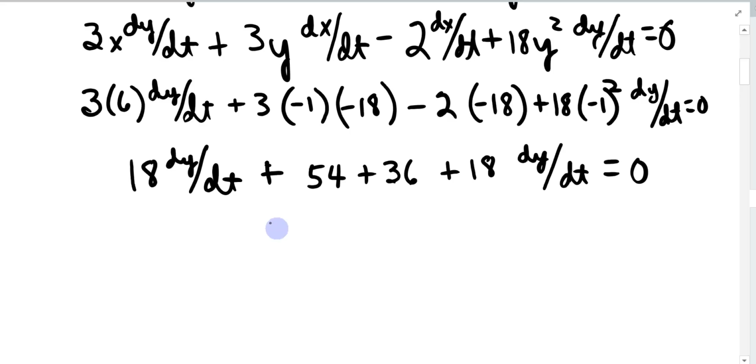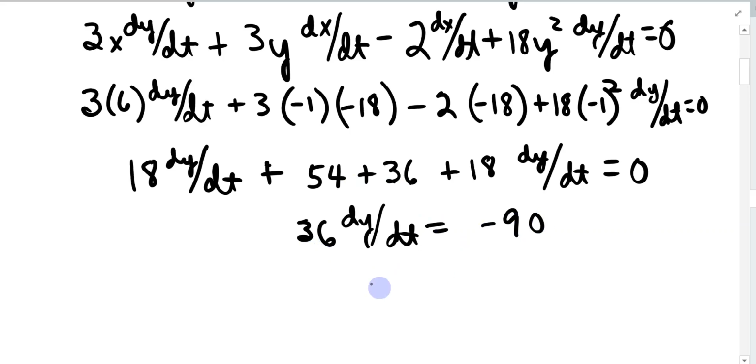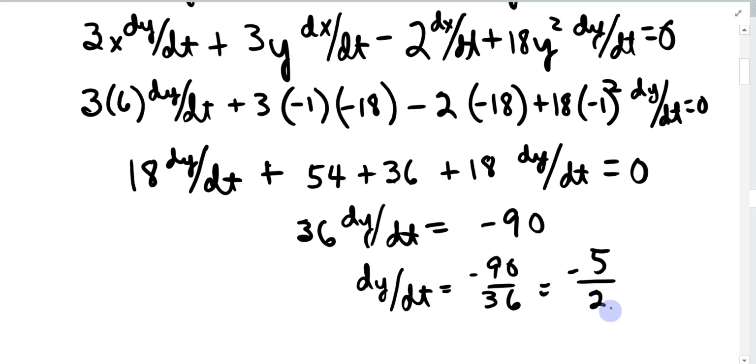I've got 18 and 18, so that's 36 dy/dt equals, moving these two over, negative 90. Then I'll divide by 36, so dy/dt is equal to negative 90 over 36, which reduces to negative 5 over 2. That would be our answer for that one.